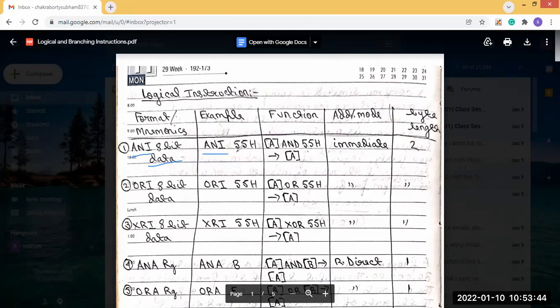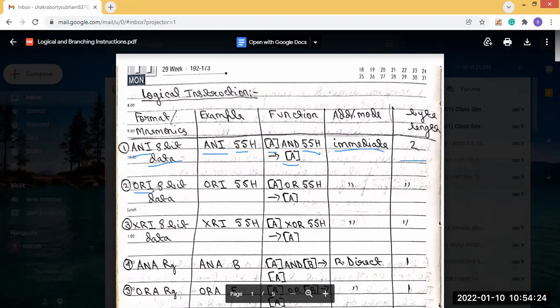The content present in the accumulator will have an AND operation performed with the 8-bit data mentioned, and the final product will be stored into the accumulator again. This is immediate addressing, and the byte length is 2.